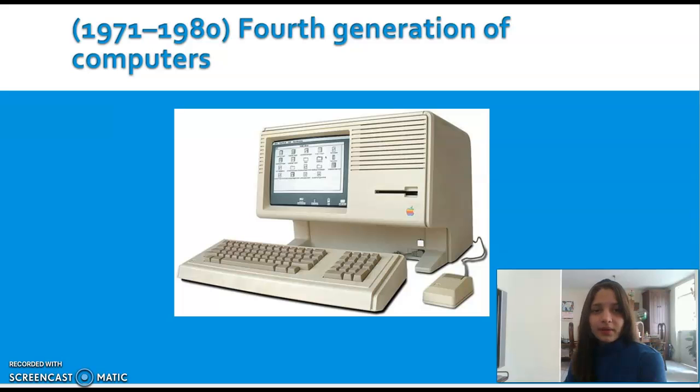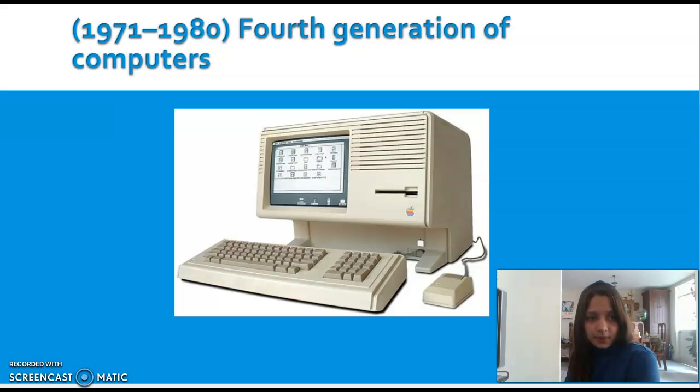In the years 1971 to 1980, it's the fourth generation of computers. They replaced magnetic core memories with those made of silicon chips.